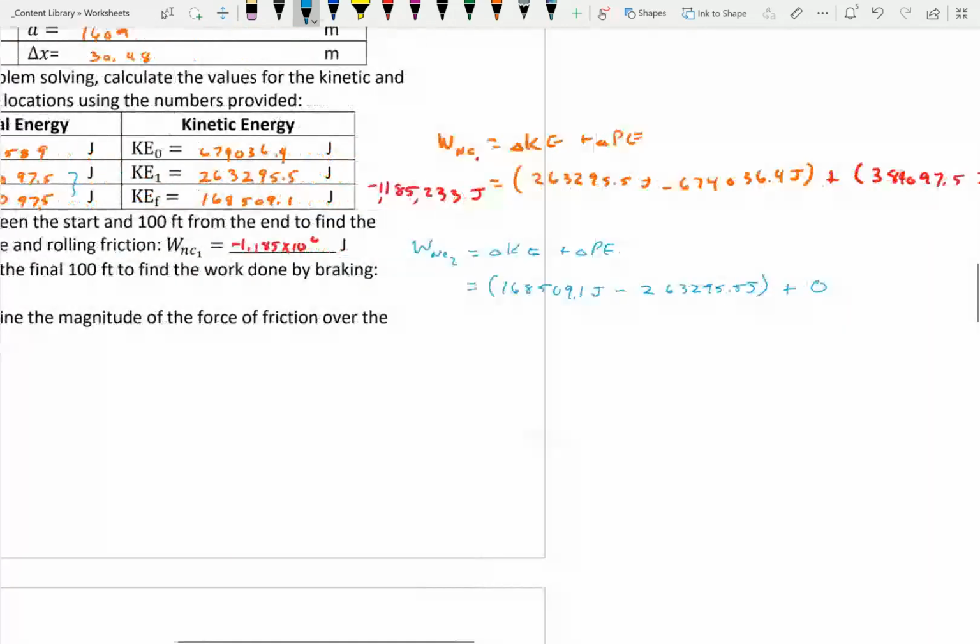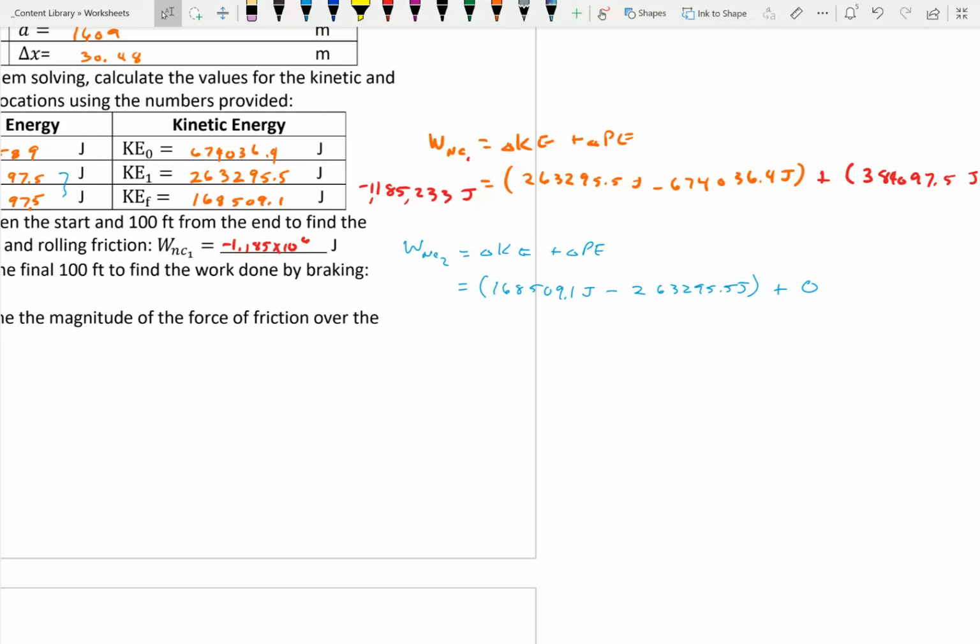So I didn't write that out because it's just a bunch more writing. So doing that calculation, it gives me minus 94786.4 joules.